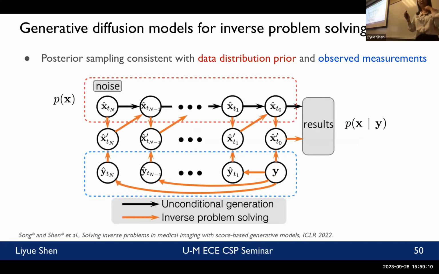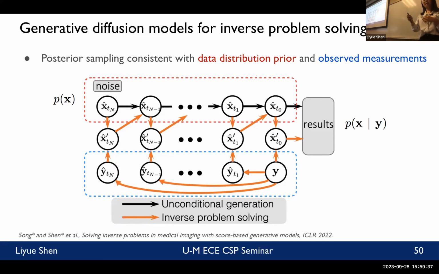In this way, we can do inverse problem solving using the generative model by first giving the trained diffusion model, or score-based generative model, which is unconditional, to capture the data distribution shown in the upper line, which is p(x). Our final target is to get the posterior distribution, which is p(x|y).